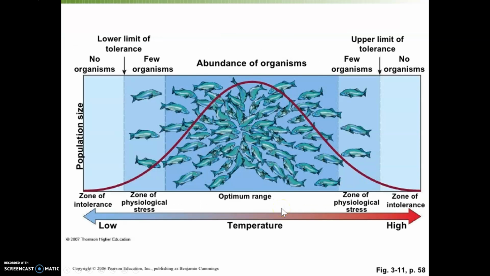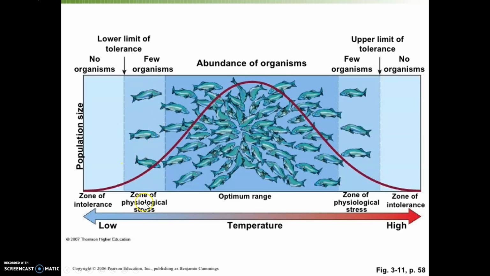So let's take a look at this graph and comprehend what we're talking about. If we take a look right here, our optimum range, we can see that we have a lot of organisms here. So these are the right conditions and there's no stress on the organism, so we have an abundance here. But once we keep going, say if we're using temperature as an example, a little too low, there's a zone of stress here.